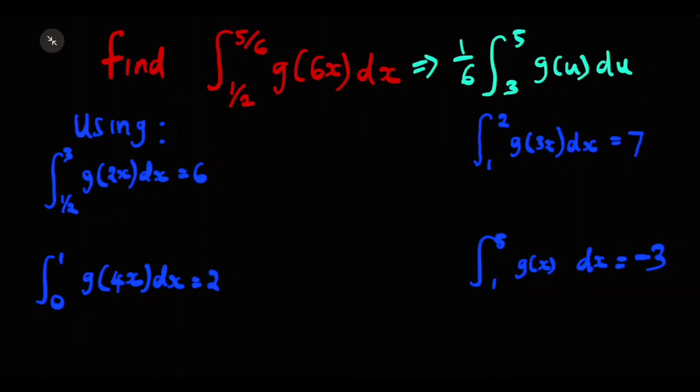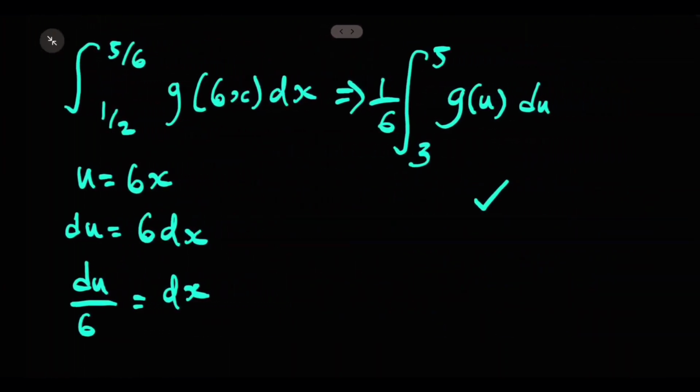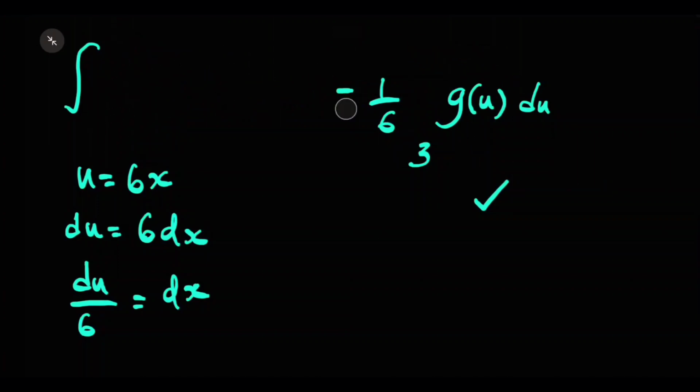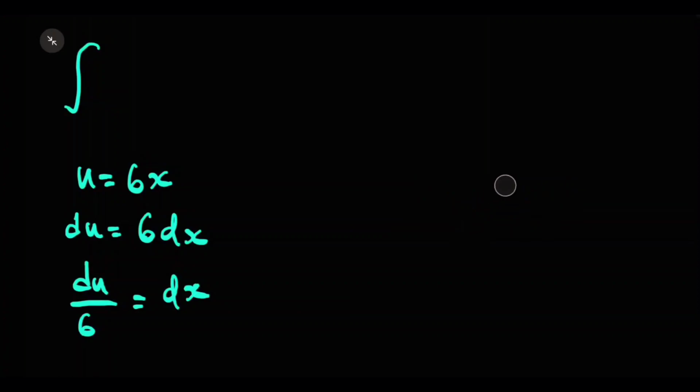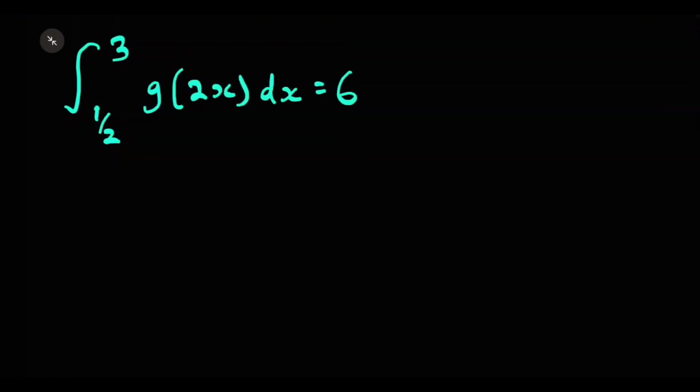All right, let's move on to the other expressions. We are going to do just the same thing. So for the second expression, we have the integral from 3 to 1 over 2 of g of 2x dx equals 6.